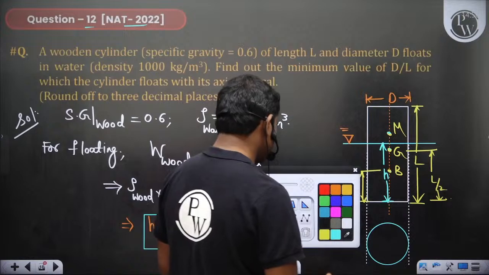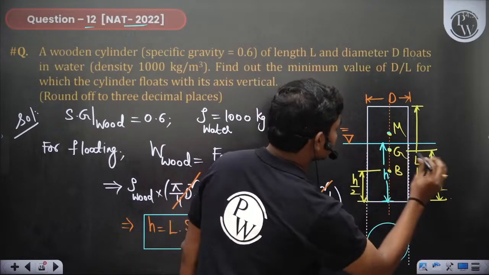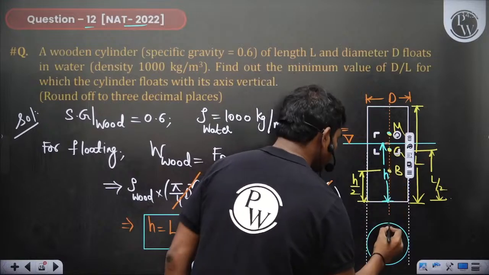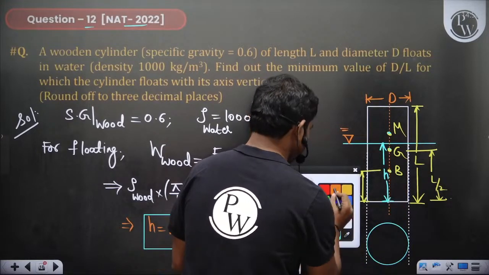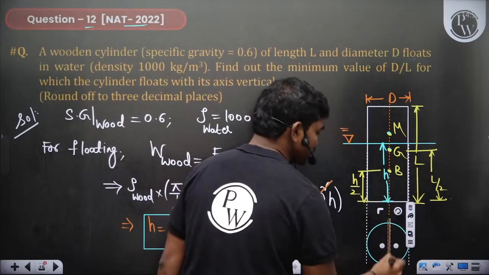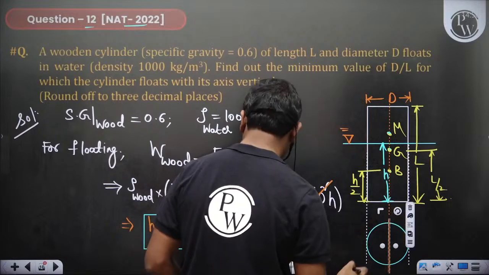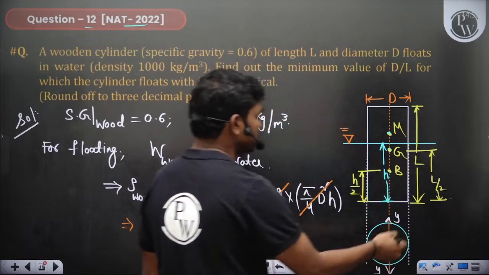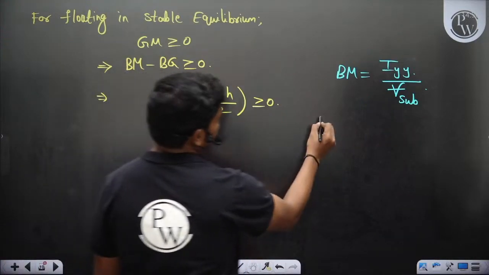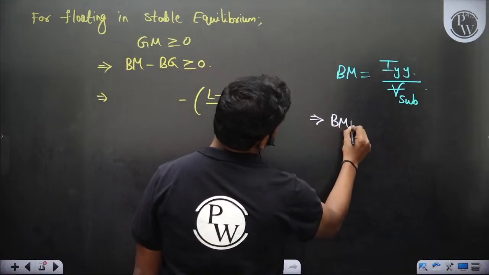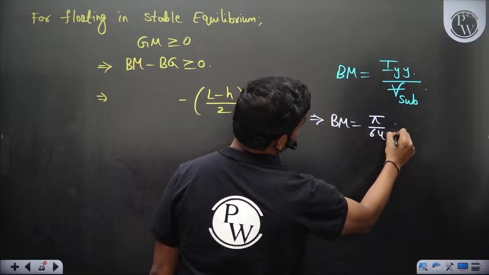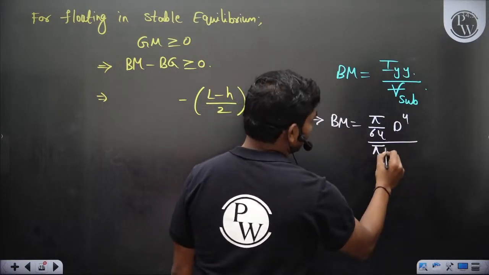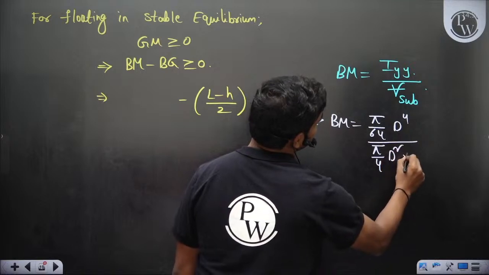Now the YY axis is, at this water line, the axis perpendicular to the board, which means in the top view you will see this is the axis. So this is YY, of course normally the least moment of inertia axis, but in the case of a circle both are the same. So this gives you BM equal to pi by 64 d to the power 4 divided by the submerged volume, pi by 4 d square into h.